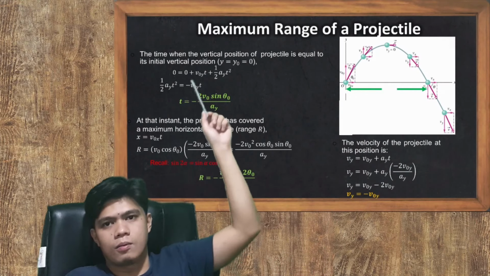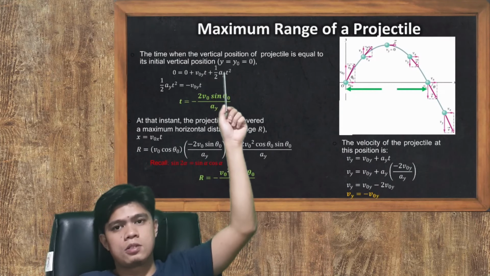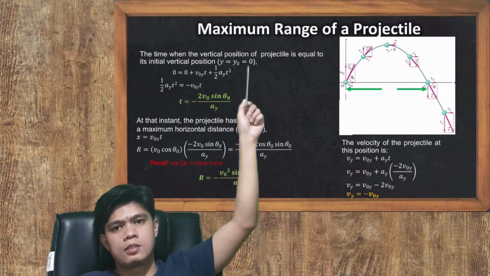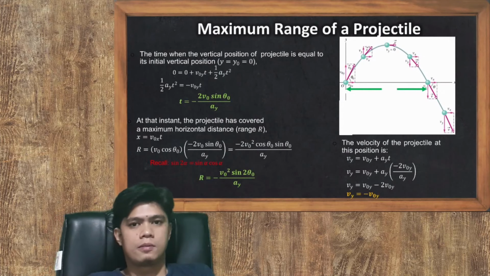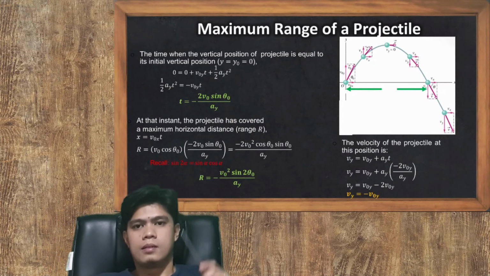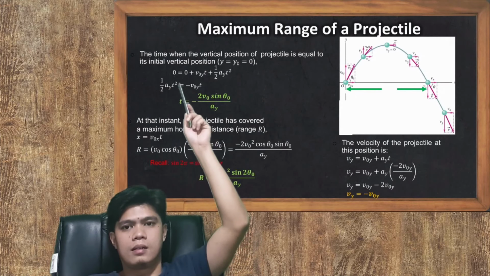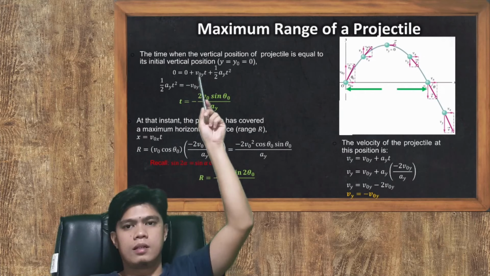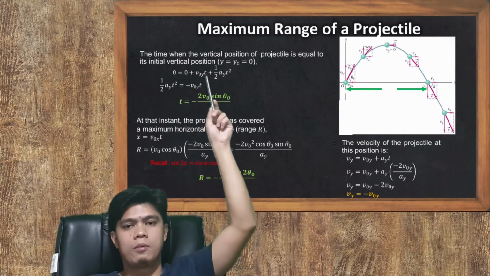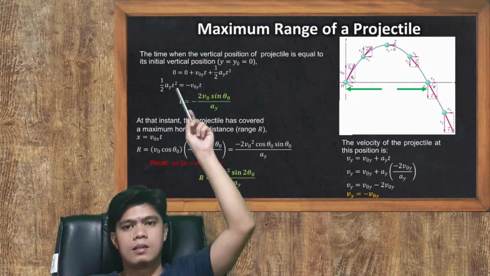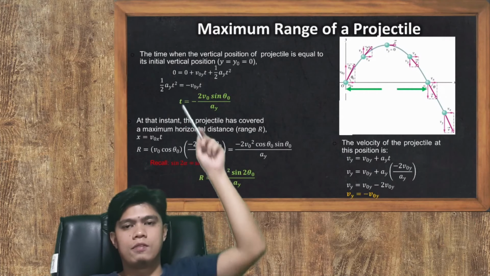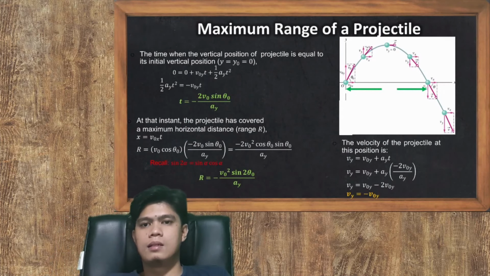So our initial position and final position of y should be equal to 0. So the equation y equals y naught plus v naught y t plus 1/2 ay t squared becomes 1/2 ay t squared equals negative v naught y times t.